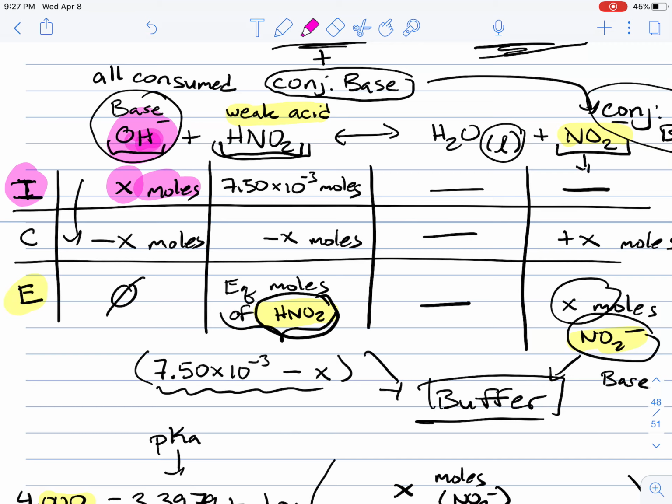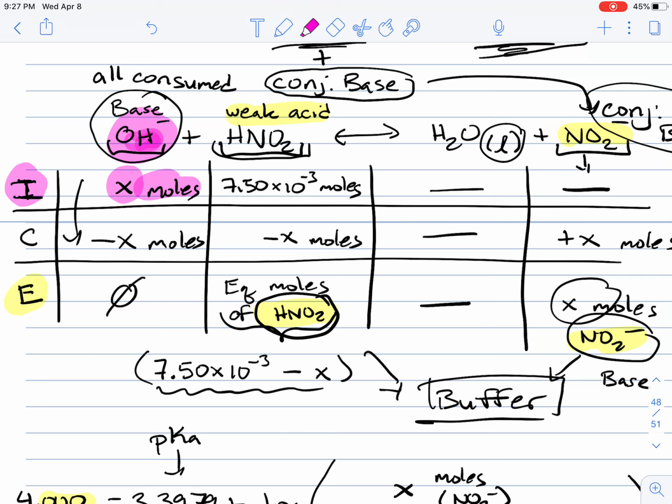all we need to do is use that value to determine the volume of sodium hydroxide that we need to put in. Okay? So we're really not trying to find the pH or anything like that because the pH is already given to us.